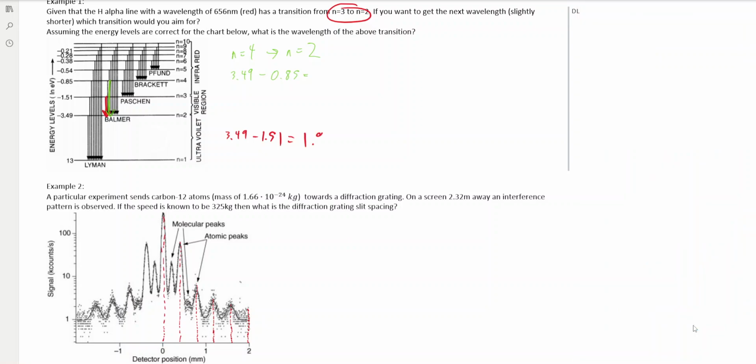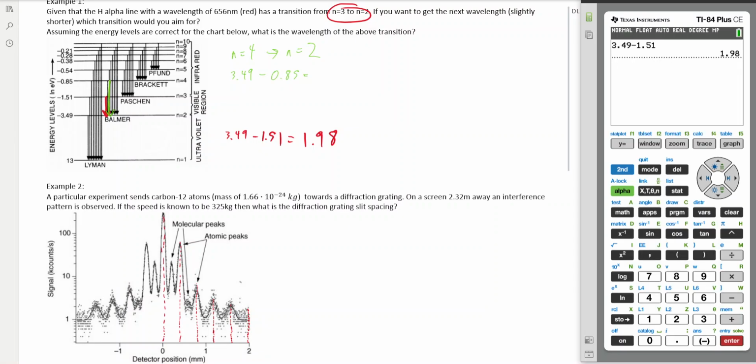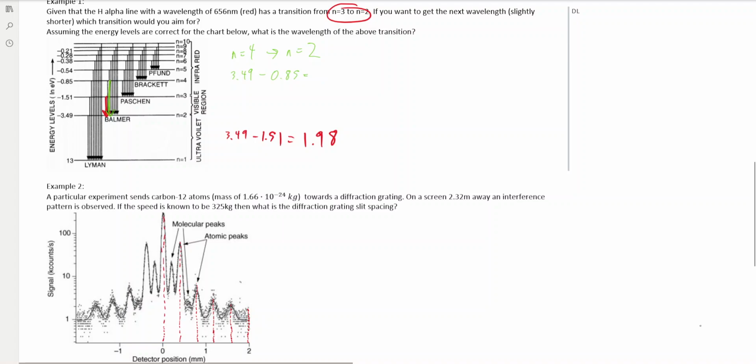With the red line, we release 1.8 electron volts, but with what I think is the green line, we'll see in a bit, it's going to be 2.64 eV, which is what we're going to be dealing with here. This is not the wavelength, which is what we're looking for, but this is the energy of it.